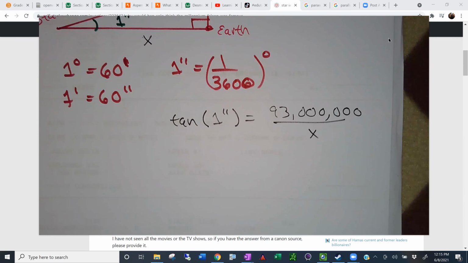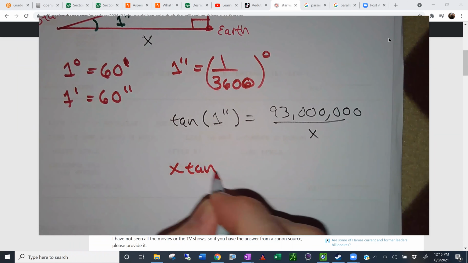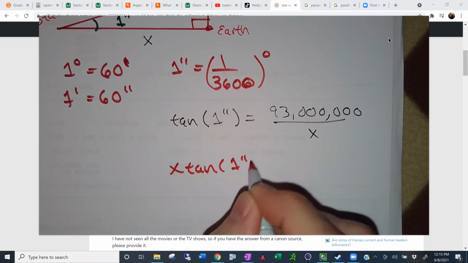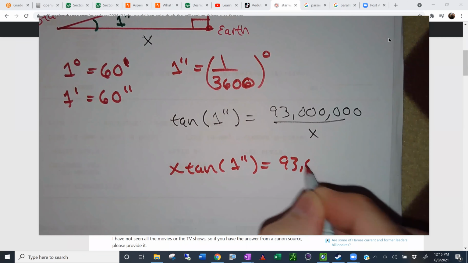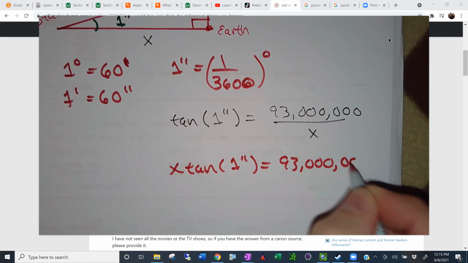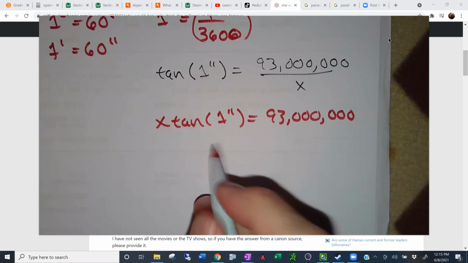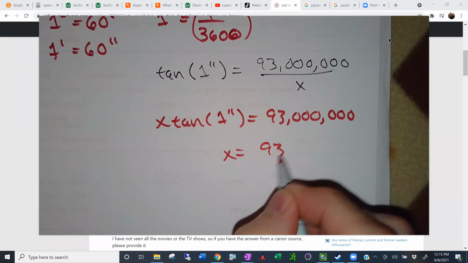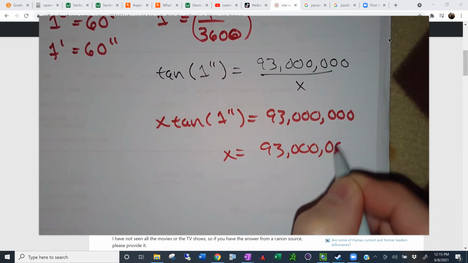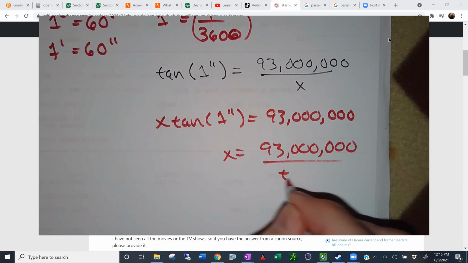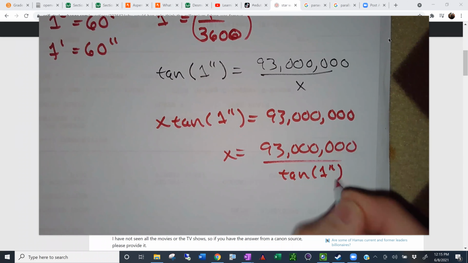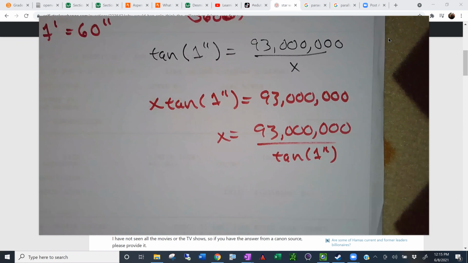And you can cross multiply, or you can multiply both sides by x to get x tan of 1 second equals 93 million. Or x equals 93 million divided by the tangent of 1 second. And that's the length of a parsec.